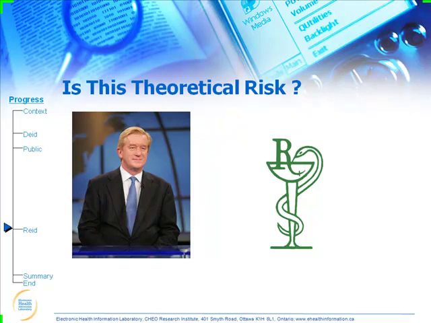So an individual went and bought the GIC records, which include all the insurance claims, and obtained the voter list for Cambridge, Massachusetts, where the governor lived, linked the two, and because the date of birth and postal code or zip code and gender are also quite unique in the US, not as high as in Canada, but still quite high. It was possible to re-identify all the claims that belonged to the governor and the governor's family, and at that time it was possible to find out exactly why the governor went, what was the diagnosis when he went to hospital, and so on.